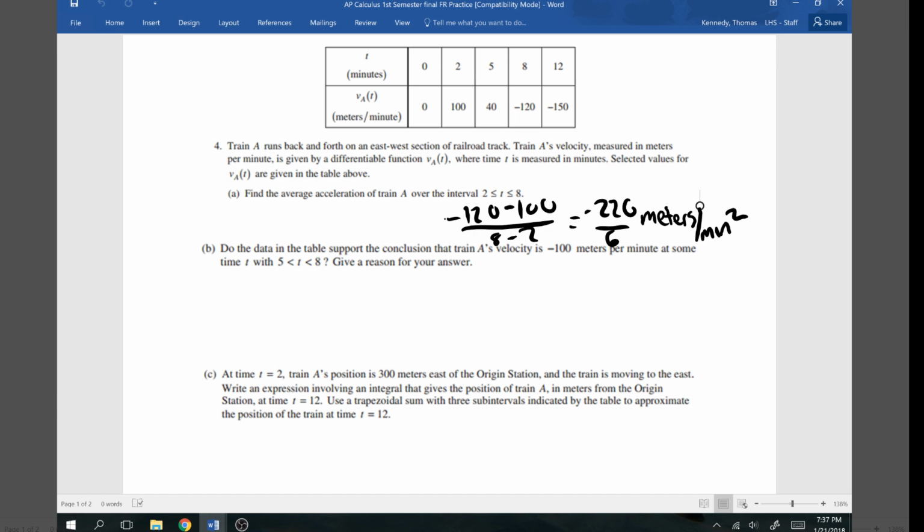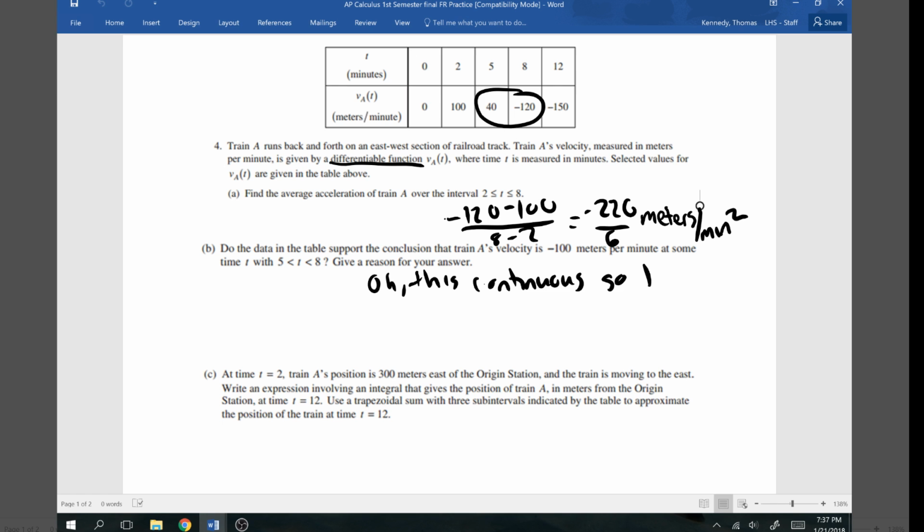All right, next one. Do the data in the table support the conclusion that train A's velocity is negative 100 meters per minute at some point between 5 and 8? And the answer is yes, we go from 40 to negative 120 between 5 and 8. And because the thing says it's twice differentiable, velocity is differentiable, which means the position is twice differentiable. We all good. We have all the derivatives, which means this thing is continuous, which is all you really need to go, oh, this is continuous.